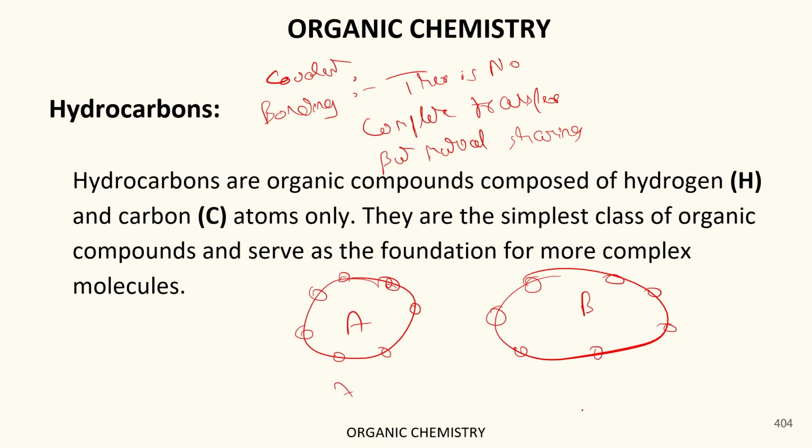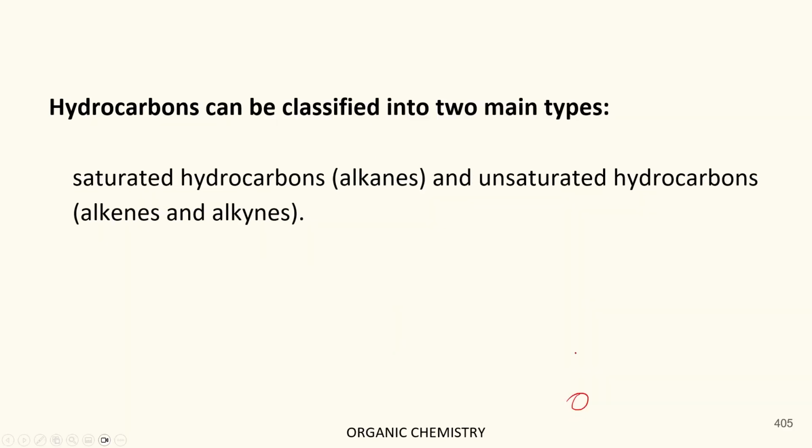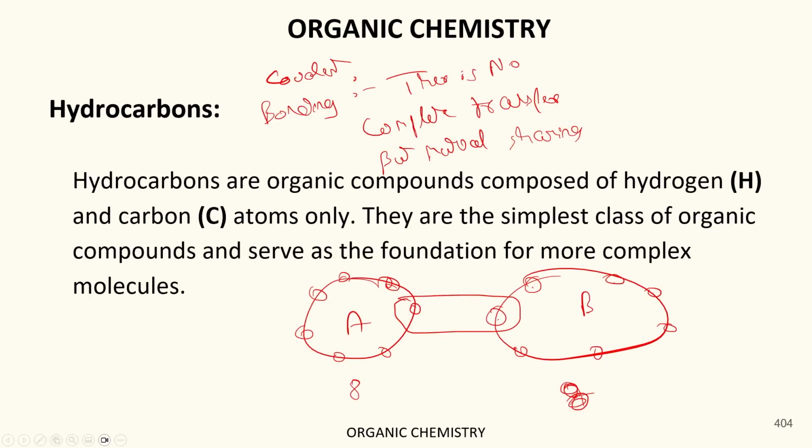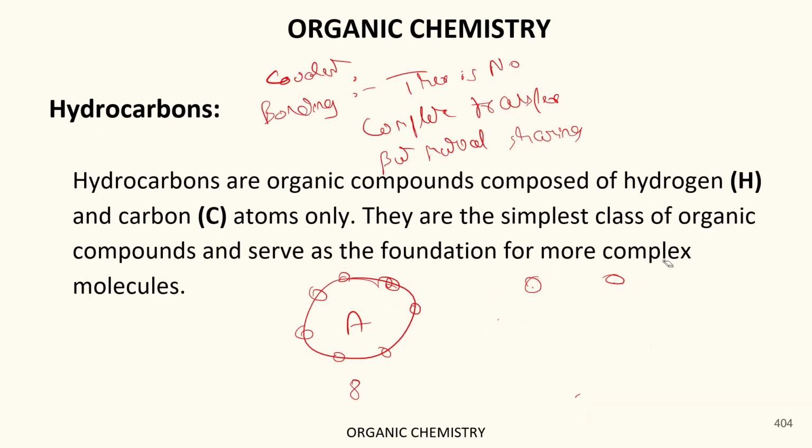In this case A has 7, and B has 7. Okay, and they both are short of 1 electron. Got it? So in that scenario, they both could share 1 electron with each other. So now 1, 2, 3, 4, 5, 6, 7, 8. Similarly, 1, 2, 3, 4, 5, 6, 7, 8. So here now the electrons become 8 and 8. That I had told you. Remember? So a similar thing will be applicable here also.